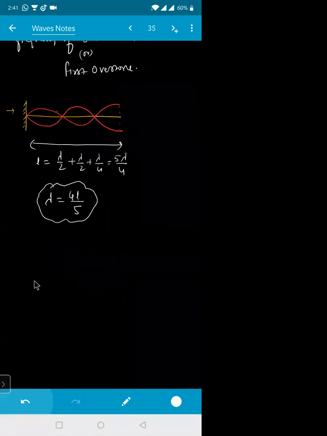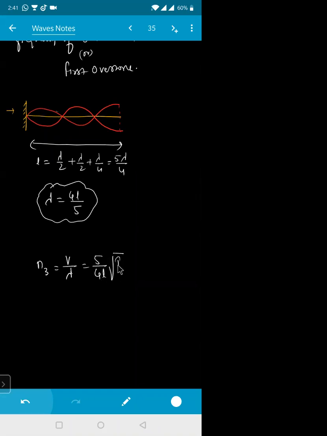So frequency will be equal to how much, beta? N3 will be equal to V by lambda, that is equal to 5 by 4L under root of T by mu. That means N3 will be equal to 5 times of N1.